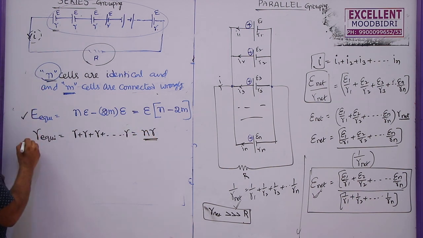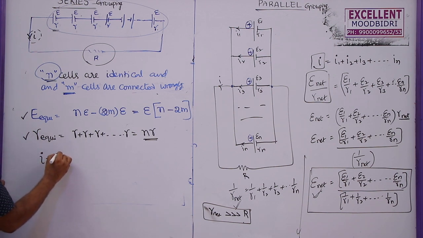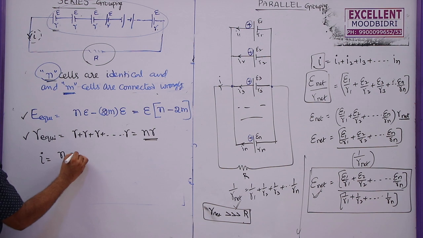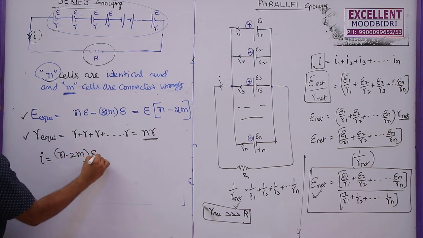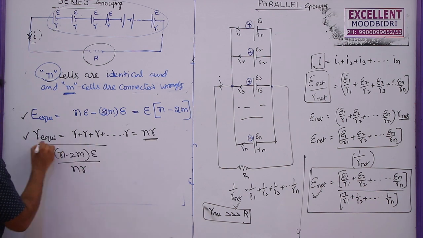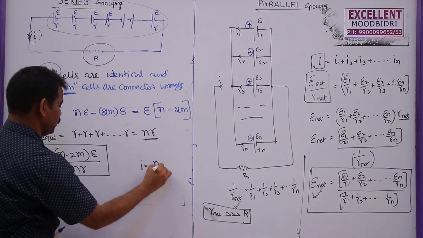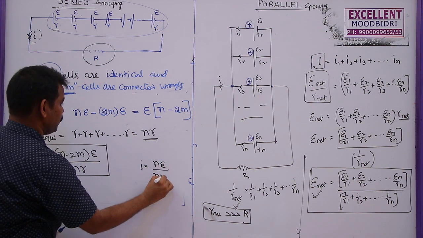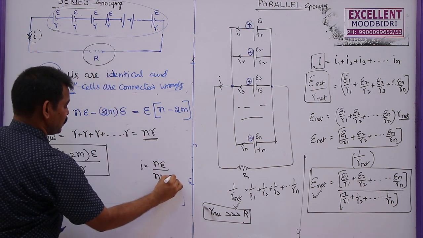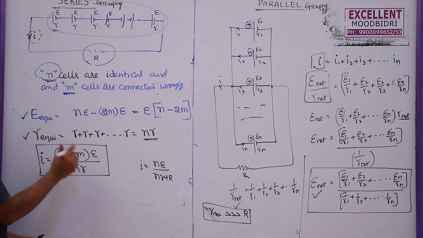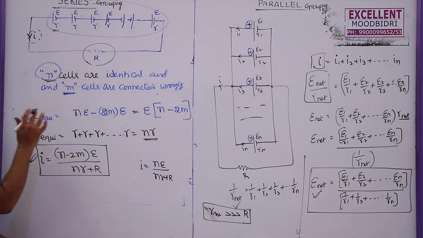So this is E equivalent, this is r equivalent. Then what about the current? The current is given by (n minus 2m) into E by nr. Whereas if all the cells are connected in the same sense, the current would have been nE by nr plus this capital R. Here also you can write nr plus capital R to find out the current if some of the cells are connected in the reverse polarity.